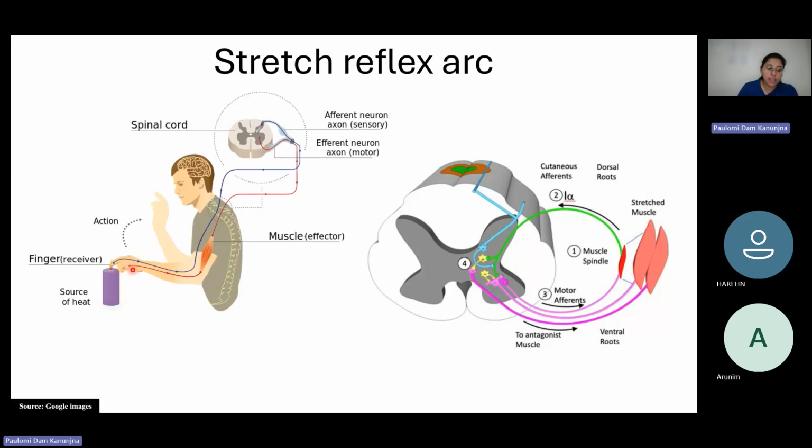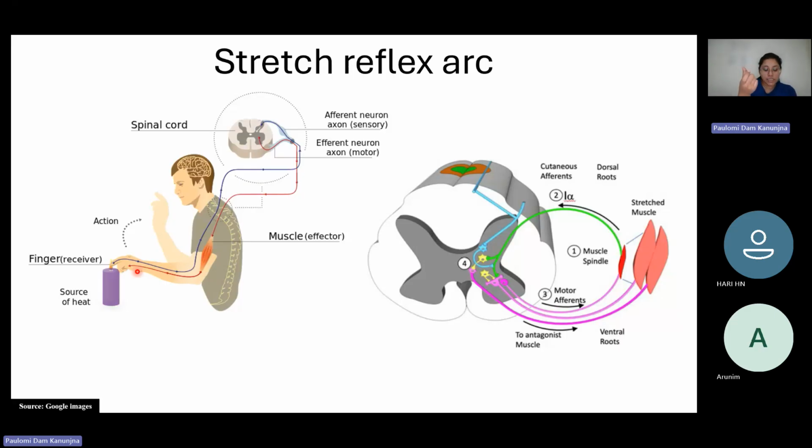For example, you are touching a hot object or your knee is being hit by a hammer. All these different kinds of information make the muscle stretch in response.